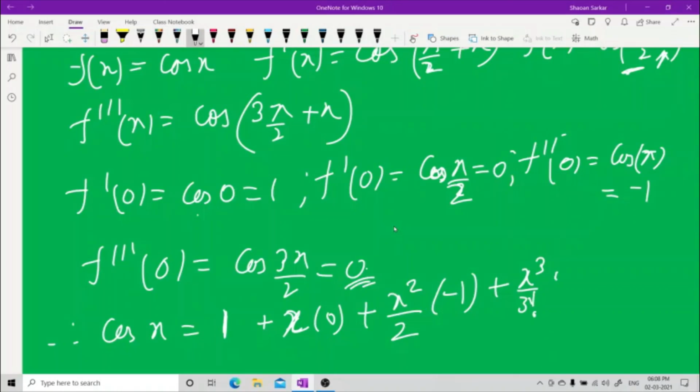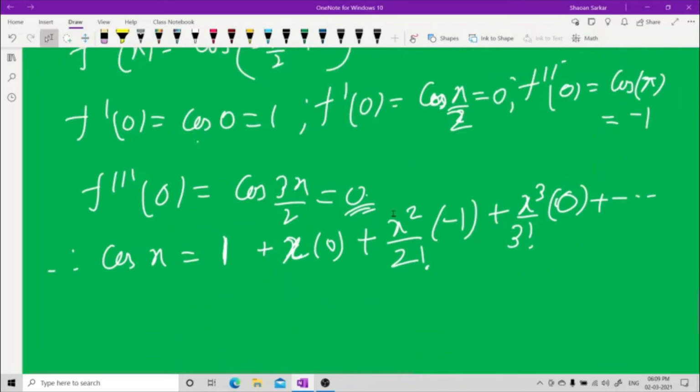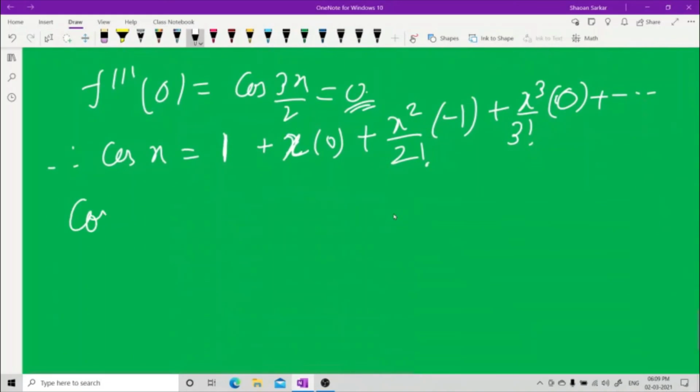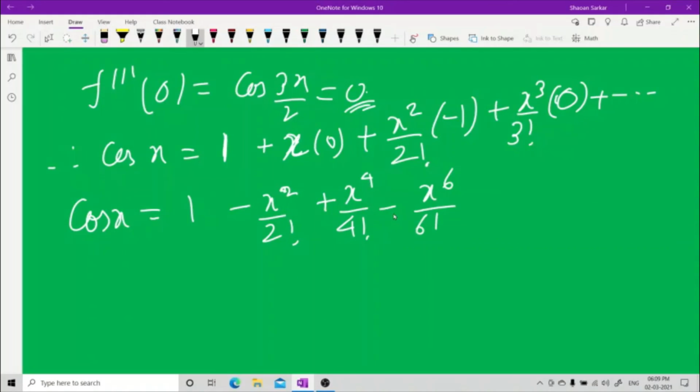And so on. Therefore the expansion of cos x is 1 minus x square by 2 factorial plus x to the 4 by 4 factorial minus x to the 6 by 6 factorial, like this it will come, all in even powers.